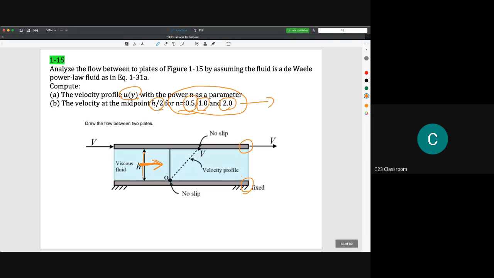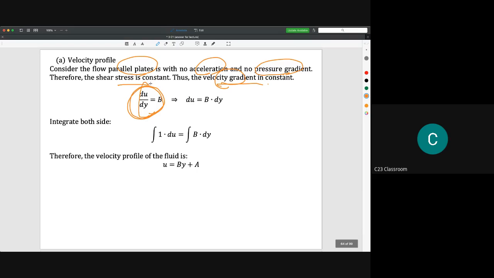In this situation, we assume the velocity profile is like this, so the velocity here is different from the velocity at the middle, and different from the velocity at the bottom point. There are velocity changes along the y-axis. That's why we write du/dy.